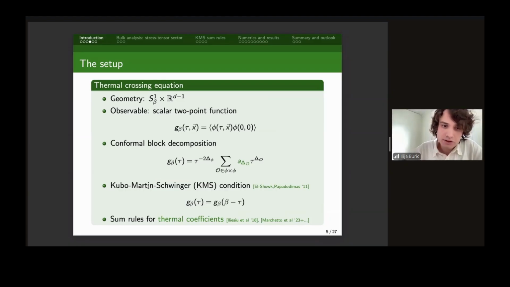And then there is another condition called the Kubo-Martin-Schwinger condition, KMS, which is true in any quantum field theory at finite temperature, and this is periodicity in Euclidean time. Or you can also write it in this way, that G of tau is equal to G of beta minus tau. And because blocks are not individually KMS periodic, the combination of these two constraints gives you some conditions on the coefficients A_Delta. And exploration of these conditions is often called the thermal bootstrap.